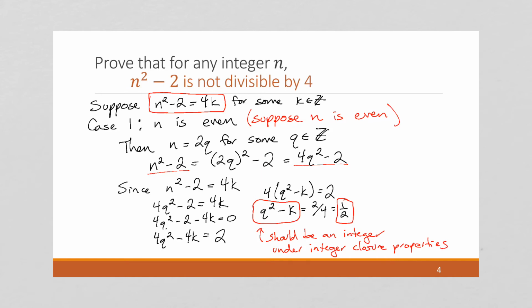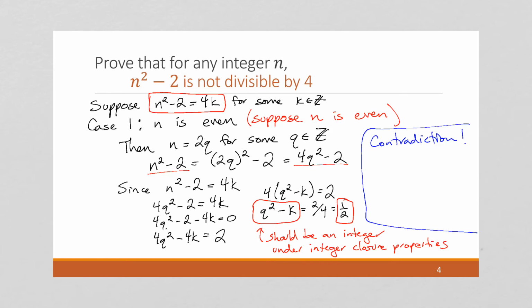But it's not. It's equal to 1/2. There's our contradiction. Because it should equal an integer due to integer closure, but it's not equal to an integer. So we've run into a contradiction.